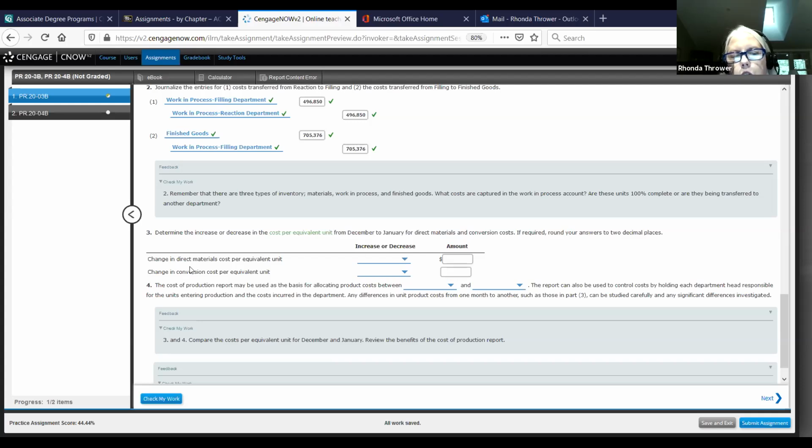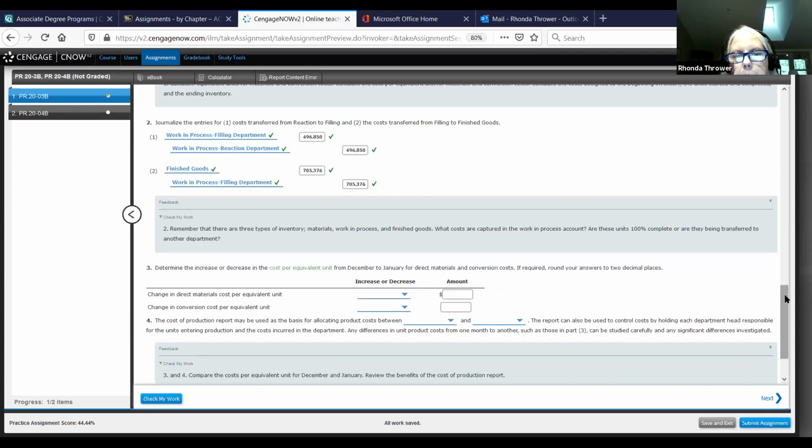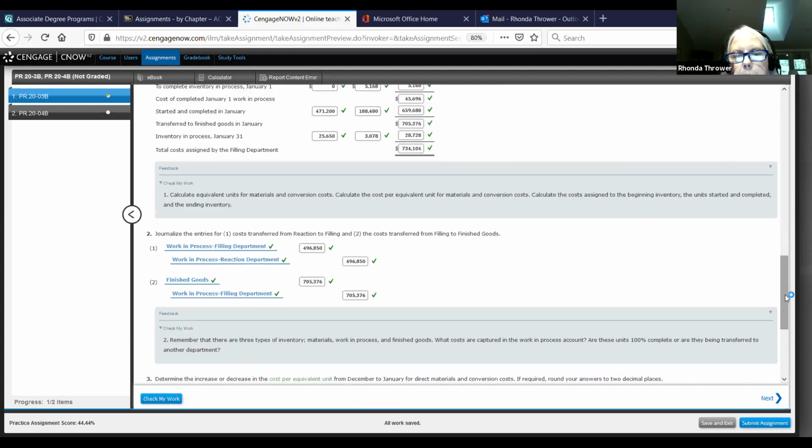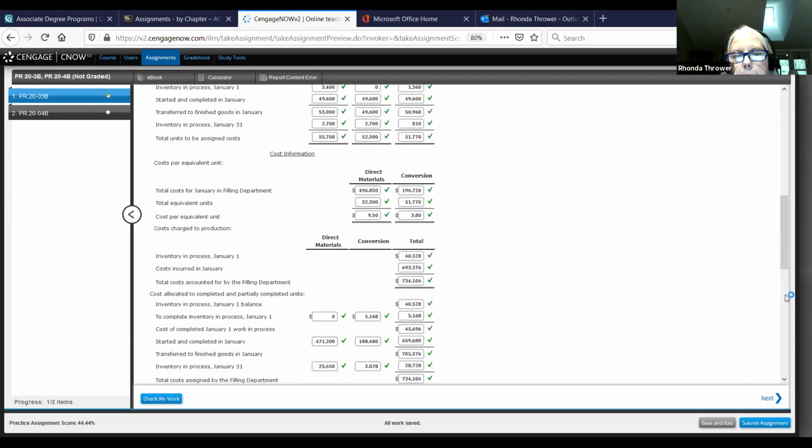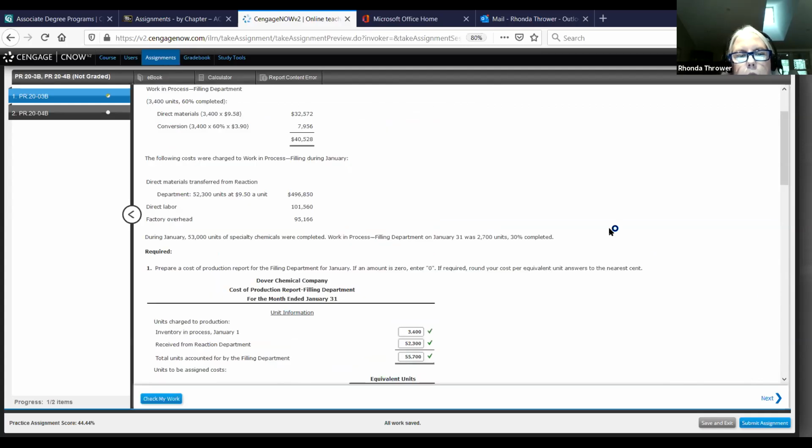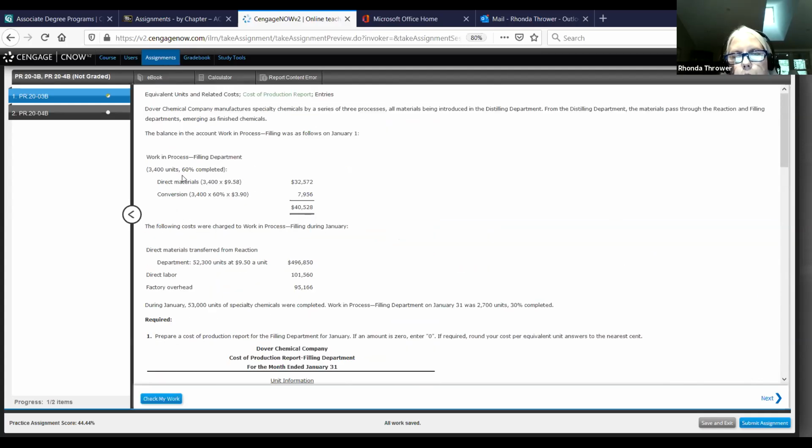So the change in direct materials cost per equivalent unit. Last period, you worked on beginning inventory units. Last period, your ending inventory was 3,400 units that were 60% completed.